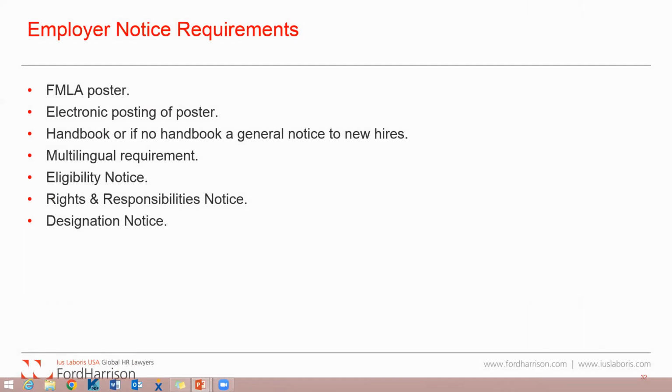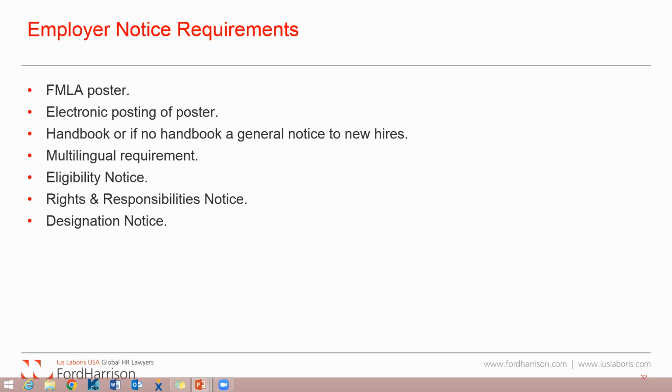So, employer notice requirements. As an employer, you want to provide an FMLA poster. This should be in view of employees or applicants, I apologize. And even if you don't have employees at that specific location that would be covered under the FMLA, you're still required to have a notice available. You want to electronically post this notice as well.